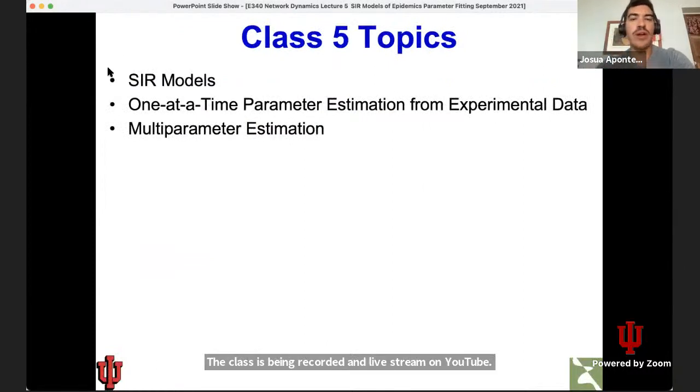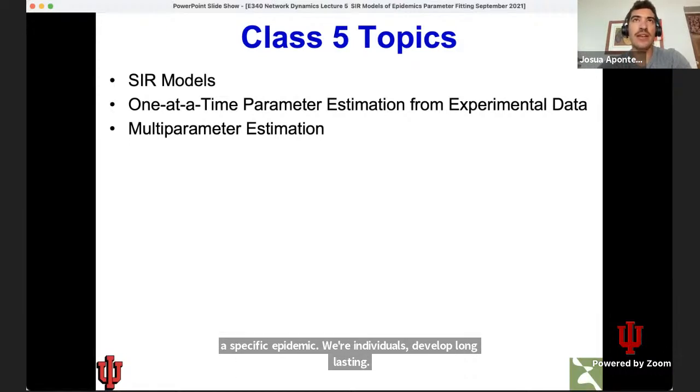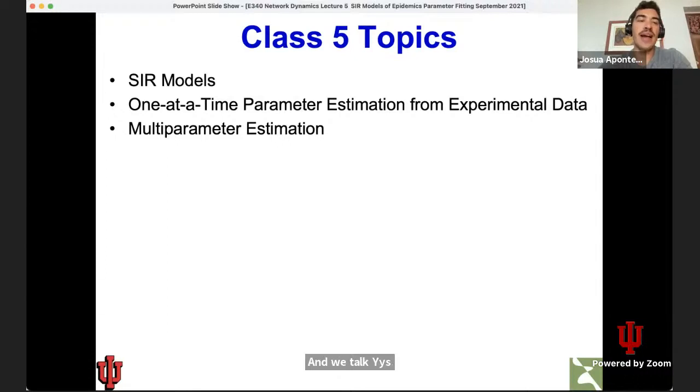Last time we discussed a little bit of what the intention of SIR models is in terms of modeling a specific epidemic where individuals develop long-lasting immunity, and we talked about why SI models, or SIS models, are sometimes insufficient to explain some of these types of diseases and epidemics.